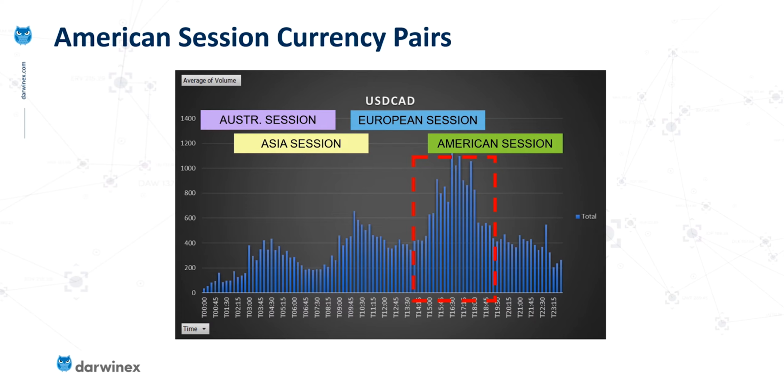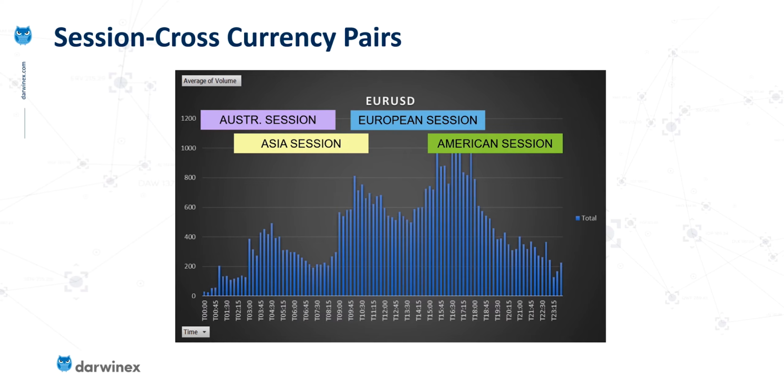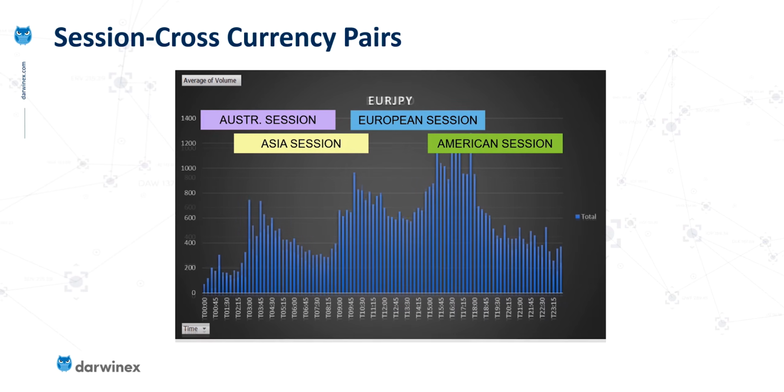So let's briefly now look at some crosses where the base currency and the quote currency are from different time zones. The first one, euro-dollar, and you'll notice here that volume is quite high actually in the Asian sessions, but also obviously very high in both the European and American sessions.